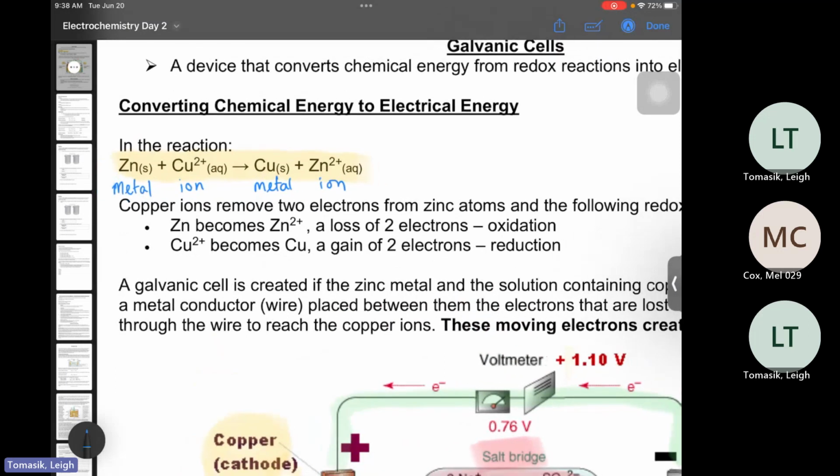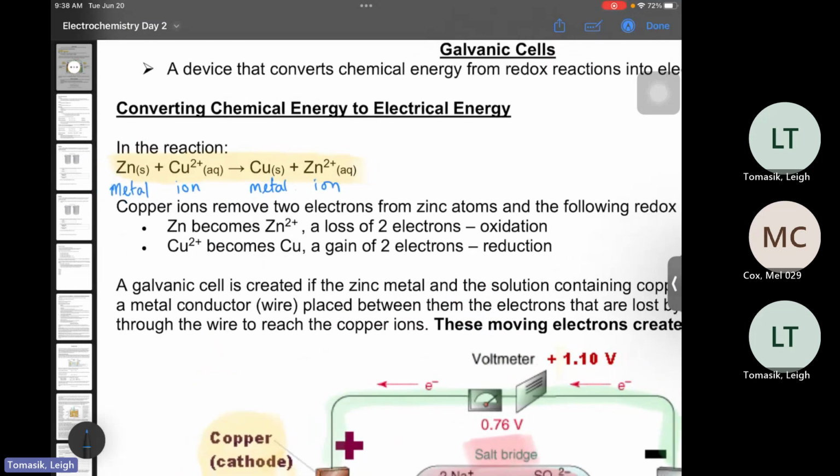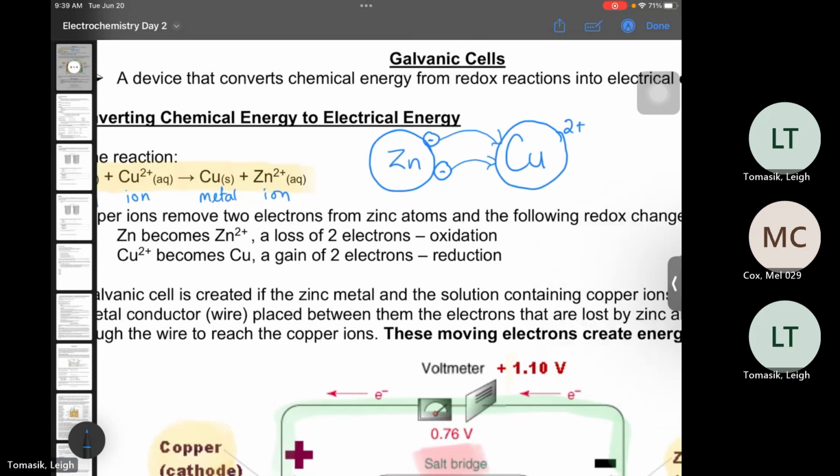Right? So we basically have an atom of zinc, and zinc will have 2 electrons somewhere on the outside, right? And we'll have a copper +2 ion. So what's going to happen is the electrons are going to jump from the zinc atom to the copper ion, right?